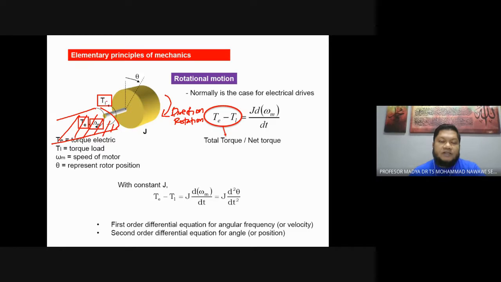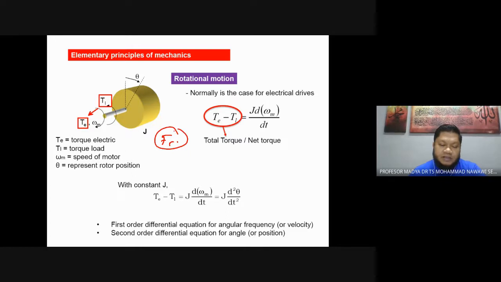There's always a load torque opposing your electric or motor torque. So we have TL always opposed to TE, just like your friction just now, Ff. In terms of rotational motion, we always have this load torque opposing the electric torque.